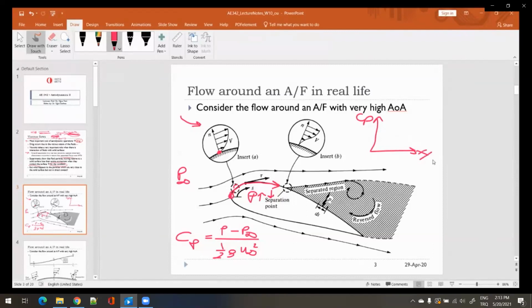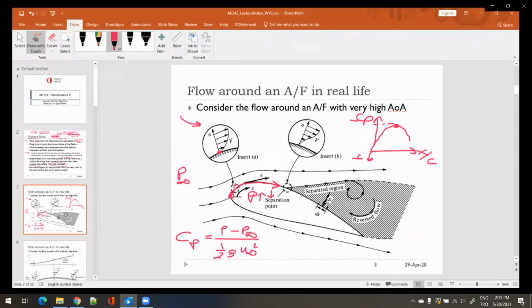Let's say this is X over C, and CP will go to a suction peak. The CP axis is reversed, so this is minus and this is plus on this side. You reach a minimum CP, and then the pressure will start to increase.